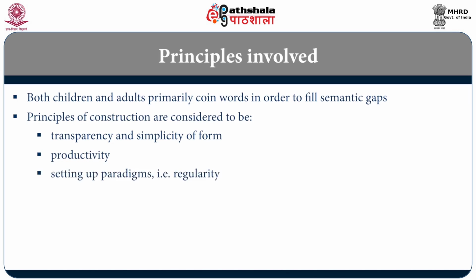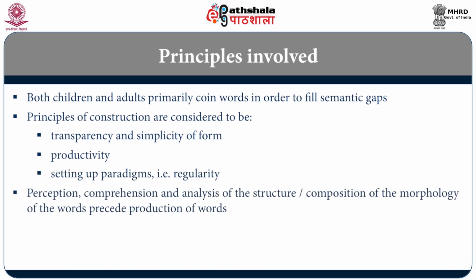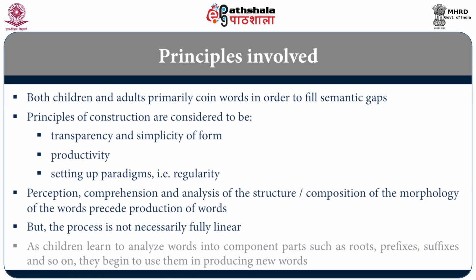And finally, the issue of setting up of paradigms, that is, regularity. It is noted that perception, comprehension, and analysis of words often precede building up of words, but the process is not necessarily linear. Sometimes, as children learn to analyze words, they begin to use them in producing new words.